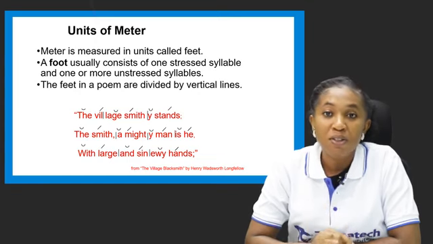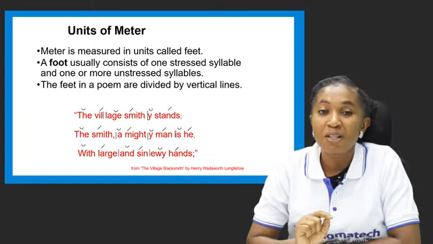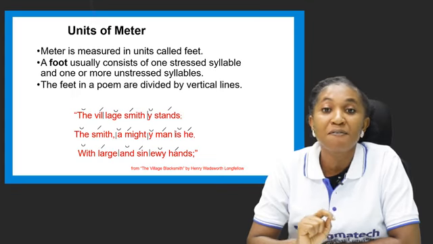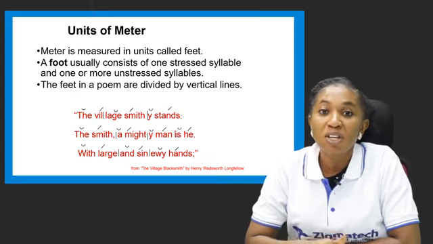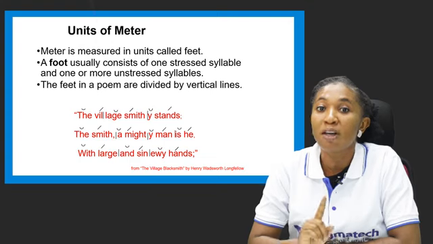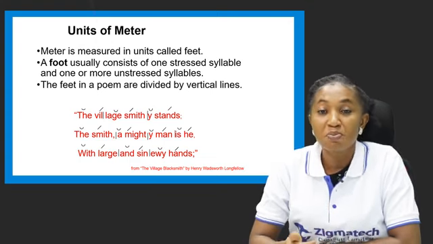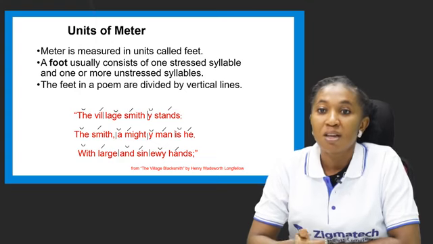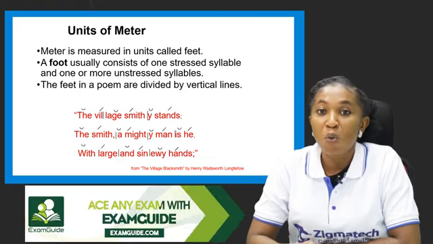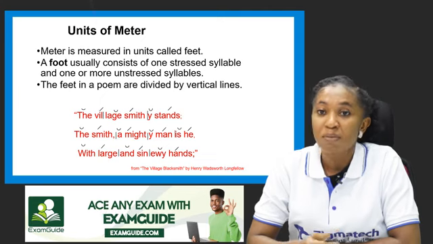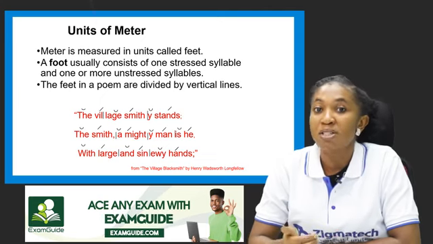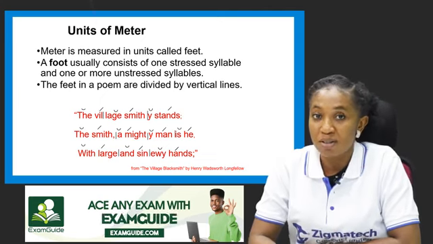The is unstressed, vil is stressed. So these two syllables form what we call a foot. Lidge is unstressed, smith is stressed. These two form what we call a foot. Remember, in these two parts, one is unstressed and one is stressed.